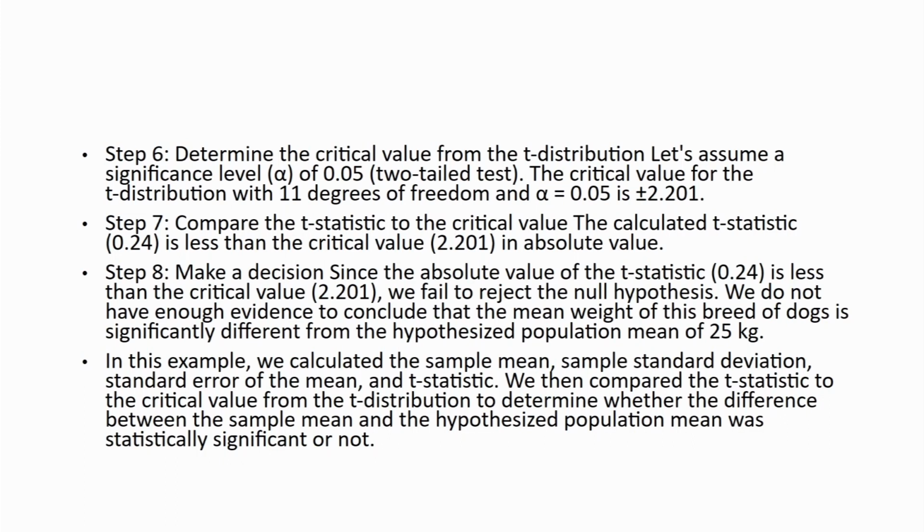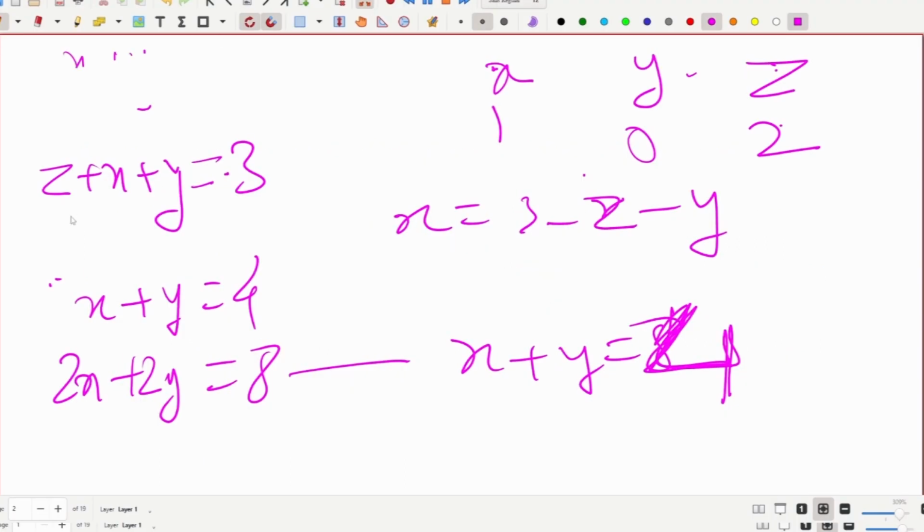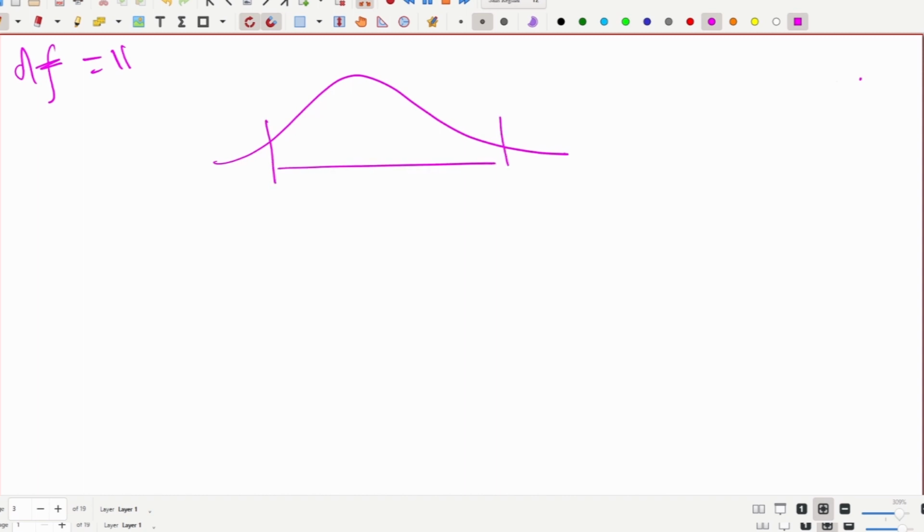Now I will explain to you step 7 and step 8. We are saying that for the degree of freedom 11, for the DF 11, the t distribution to be like this, if this has to be 95%, then this is minus 2.21 and this is plus 2.21.